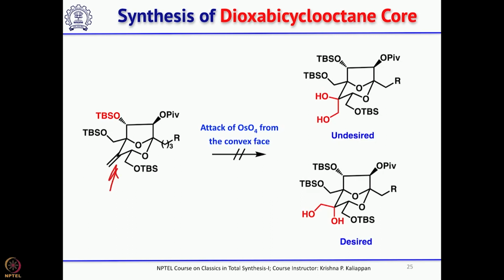But all the time what he got was this undesired diol and not the desired diol. So basically one has to do the dihydroxylation. When you talk about dihydroxylation, the simplest method which will come to our mind is osmium tetroxide. When he tried with osmium tetroxide, only the 2 hydroxyl groups came from the convex side. So that is not the required one.